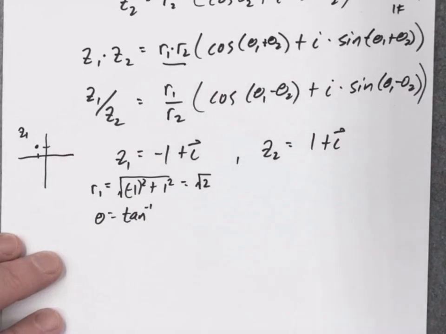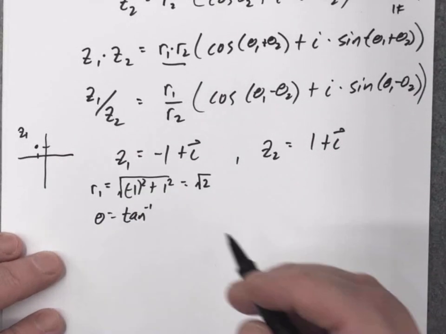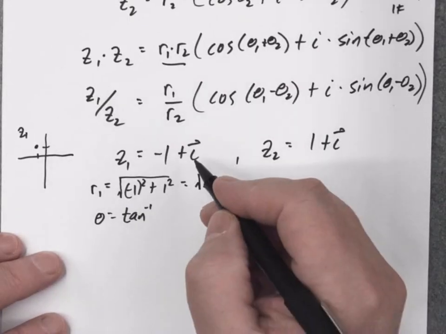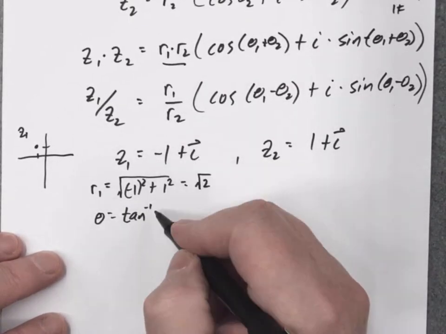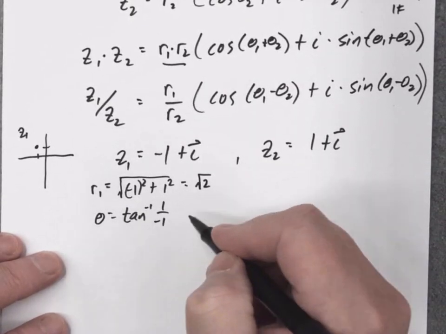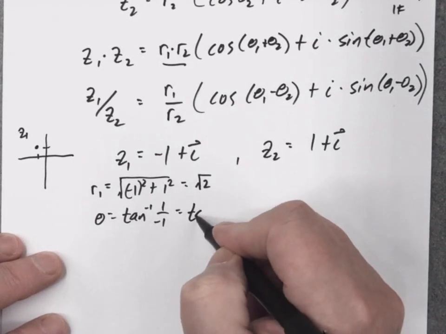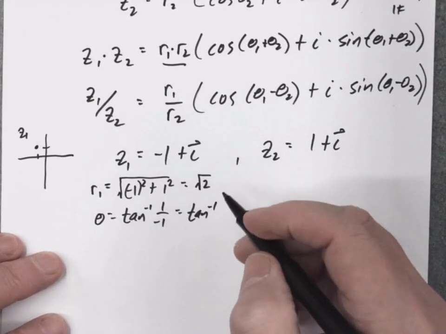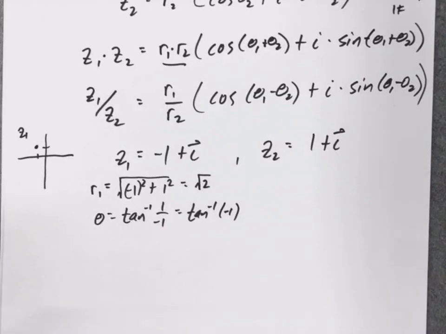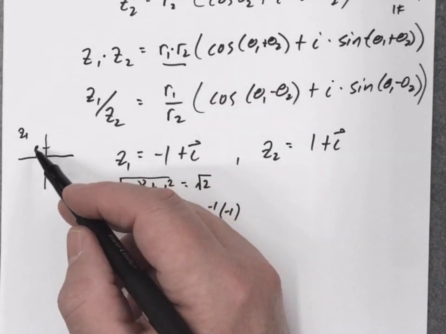And you know what? Because it's in the second quadrant, I have to be careful. So it's y over x. Y is 1, x is -1. So I'm really looking at inverse tangent of -1. So I know inverse tangent of -1 has to be where the sine and the cosine are the same, except one of them is plus and one is minus. Well, it's pretty obvious.